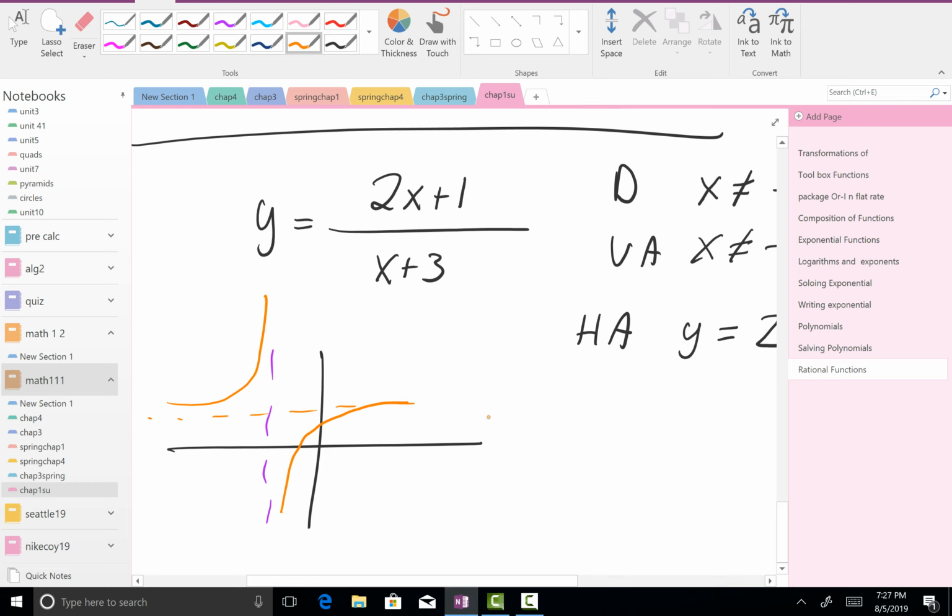Is that what it looks like? Yeah? Okay. So it should be flattening out right here at 2. And if I put a million in there, a big number, I get 2 million, because I don't worry about the 1, over a million, because I don't worry about the plus 3. Million over a million cancels, leaves me with 2.